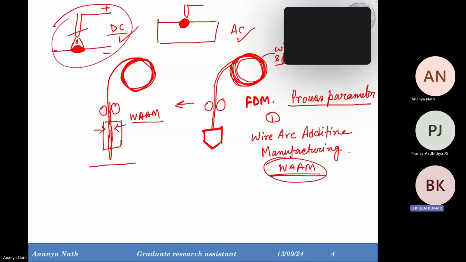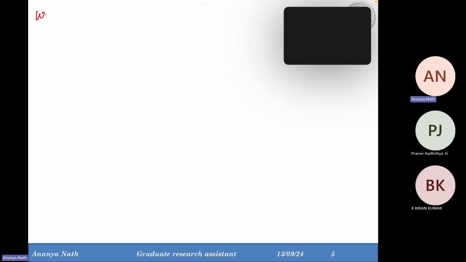One of the parameters is wire feed. Wire feed. Other things. So let's go one by one. Now let's talk about wire feed.